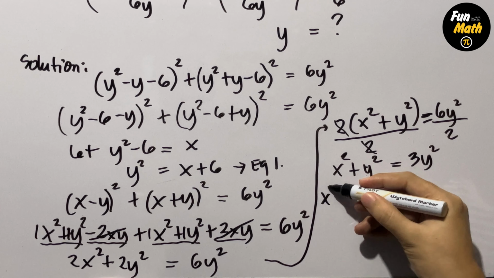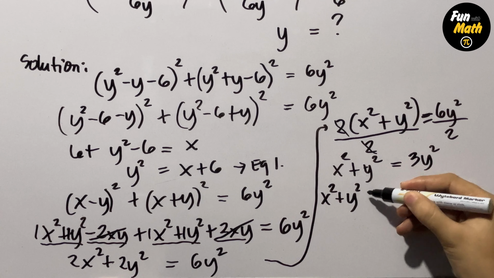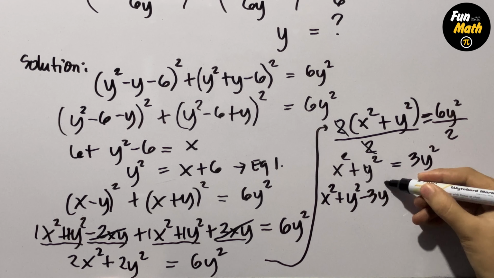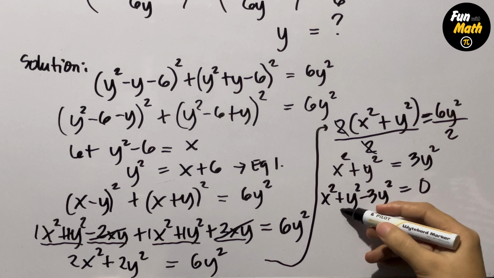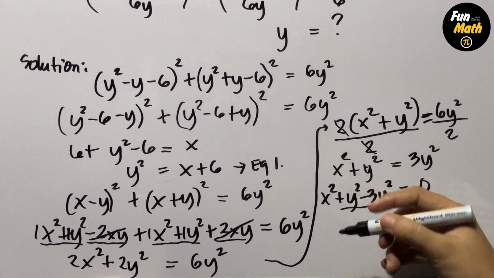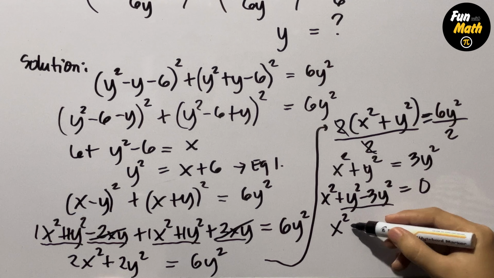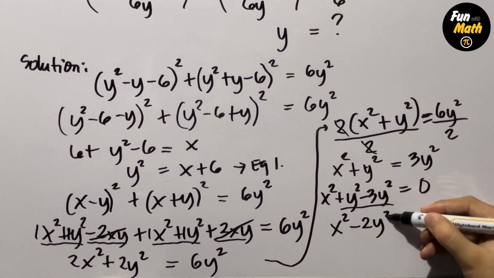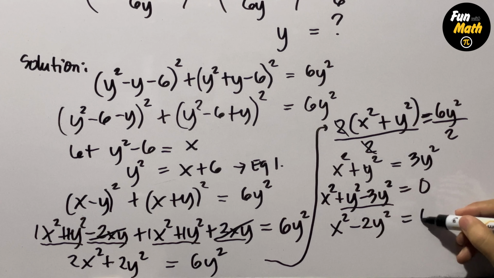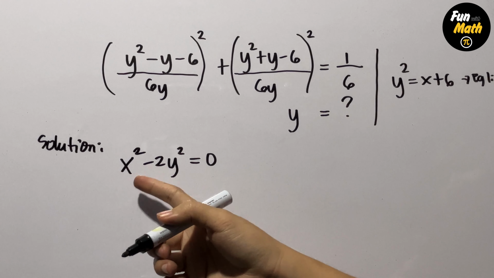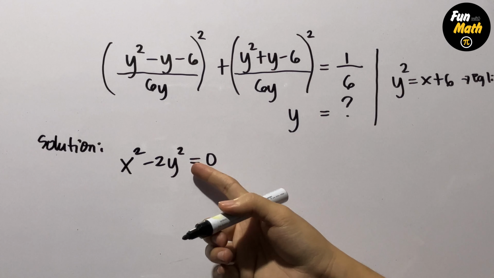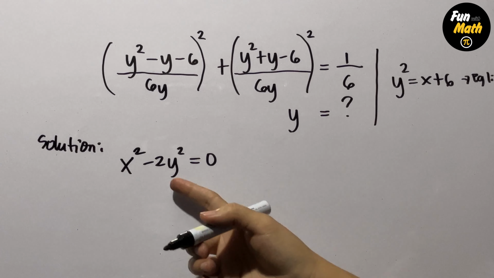So that is x squared plus y squared minus 3y squared is equal to 0. And combining like terms, this is now x squared minus 2y squared equals 0. Now to continue, we have x squared minus 2y squared is equal to 0. Now there is no y squared.